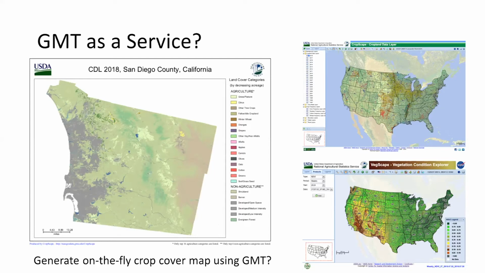So actually, in the future, we consider maybe we can integrate the GMT in our server end to power this on-the-fly mapping. It seems like Doc agrees with that. So yeah, he likes that.